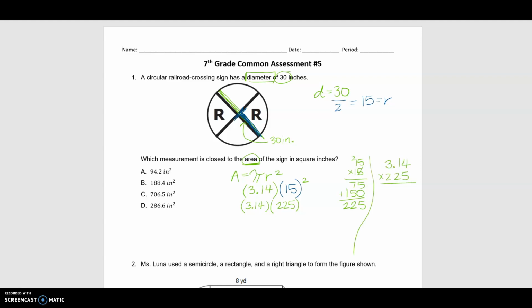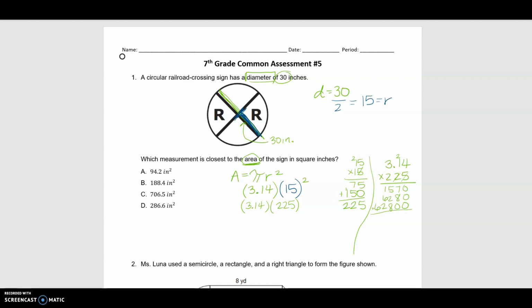4 times 5 is 20. 1 times 5 is 5, plus 2 is 7. 3 times 5 is 15. Put a 0, I'm on my second number. 2 times 4 is 8. 1 times 2 is 2. 2 times 3 is 6. I have 2 zeros because I'm on my third. 2 times 4 is 8. 1 times 2 is 2. 2 times 3 is 6.